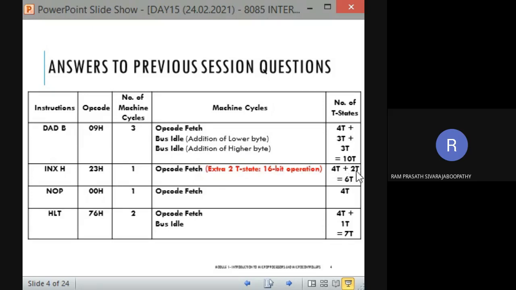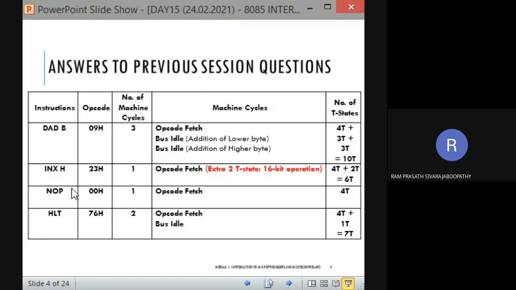The 2 T states are for doing the 16-bit operation. If the operation done by the CPU is 16-bit, it takes some more time, even though the operands are internal. In the case of addition, it takes 2 bus idle cycles, whereas in the case of INX H, it takes only 2 extra T states. It doesn't need any extra machine cycle.